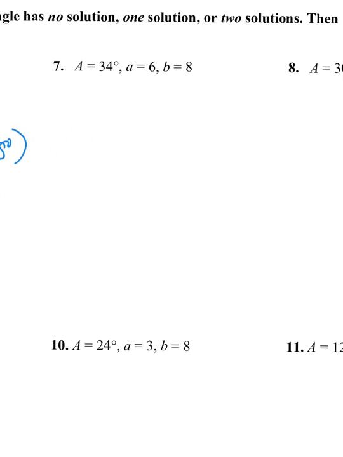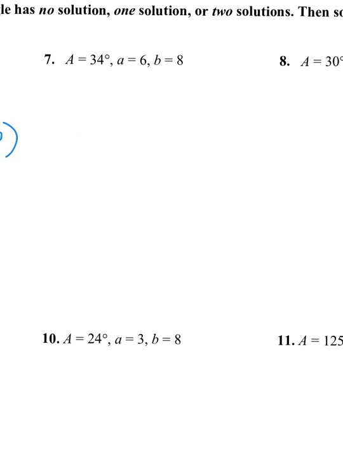Okay, let's try number 7. So number 7, we're going to do the same thing, and we're going to set up our law of sines. So we have sine of 34 degrees over 6 is equal to sine of angle B over 8.